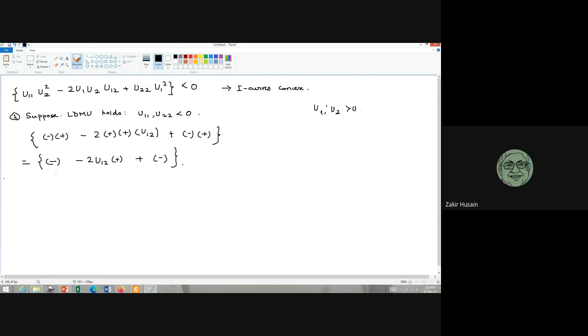Now, look at this carefully. I've got three terms over here. This is T1 and this is T3. And I'm calling this T2. Now T1 and T3 are both negative. So if I add them, I'm going to get a negative sign. Now, the question is, what is T2?